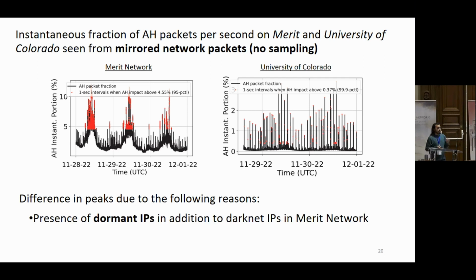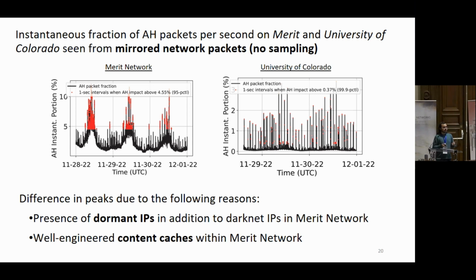First, the presence of dormant IPs in addition to the darknet IPs inside Merit Network. These dormant IPs receive scanning traffic, but they don't generate any traffic on their own, resulting in a high fraction of aggressive hitter packets observed. And the second reason is the presence of well-engineered content caches within the Merit Network, which also leads to a high fraction of aggressive hitter packets.